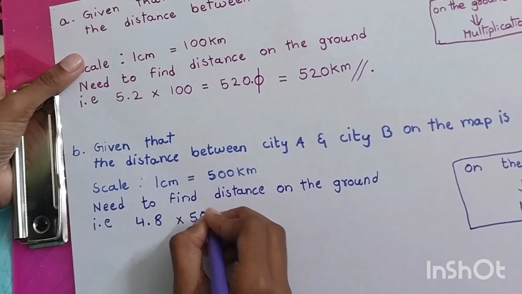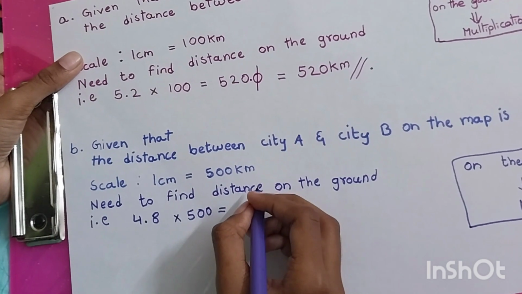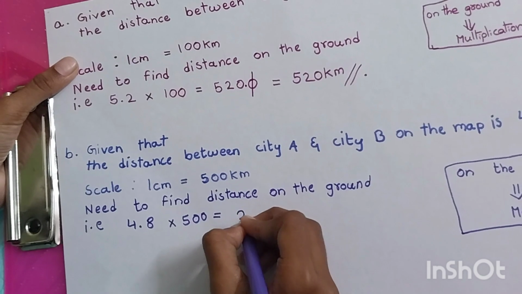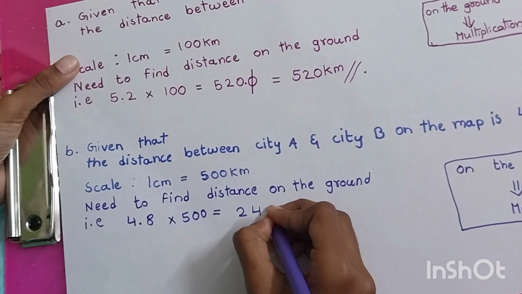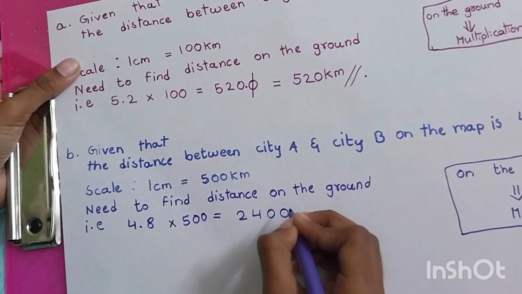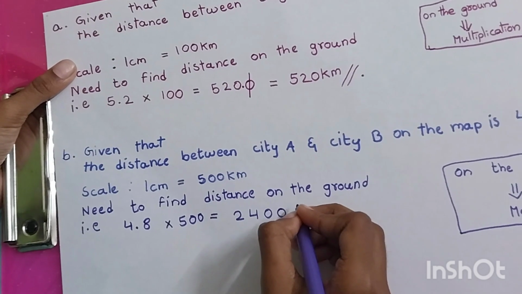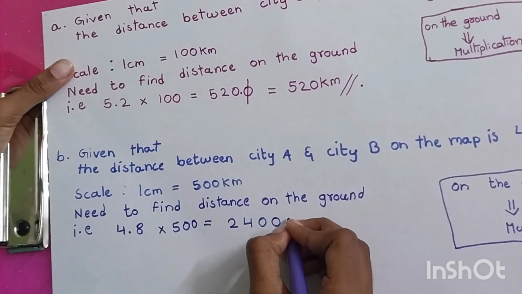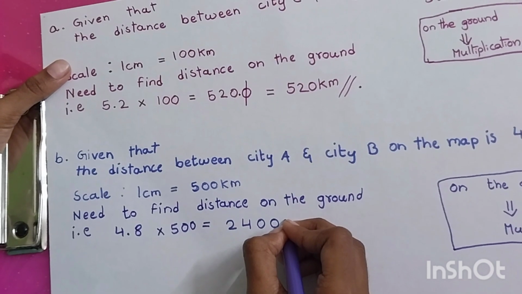What is the value of 4.8 into 500? After multiplication we will get 24,000. But is this the answer? Actually 24,000 is the value of 48 into 500, so 24,000 has 3 zeros.